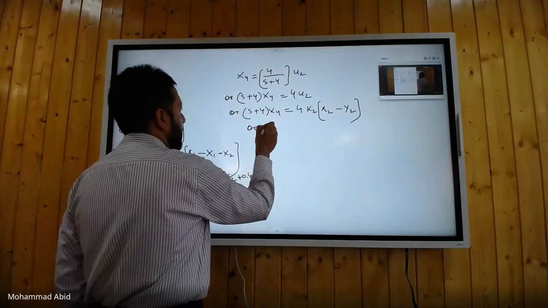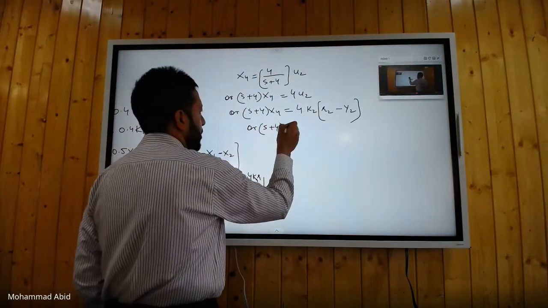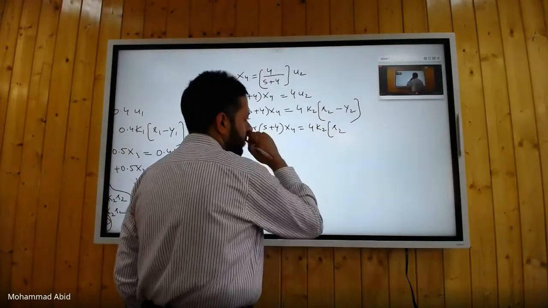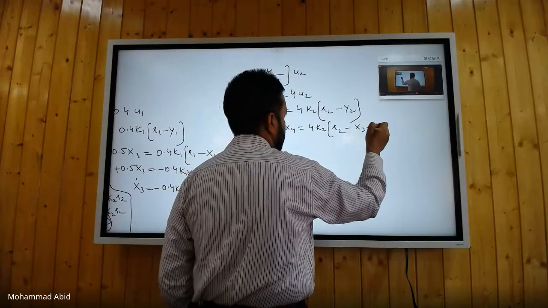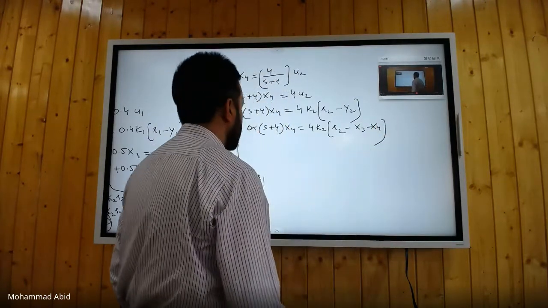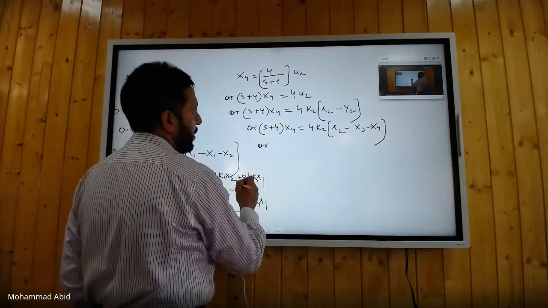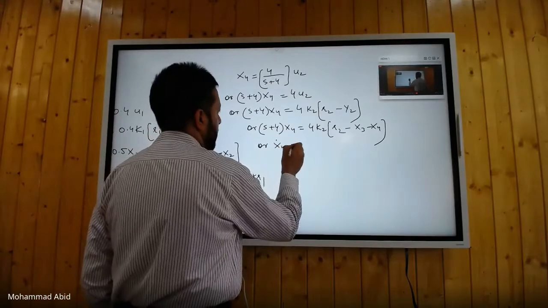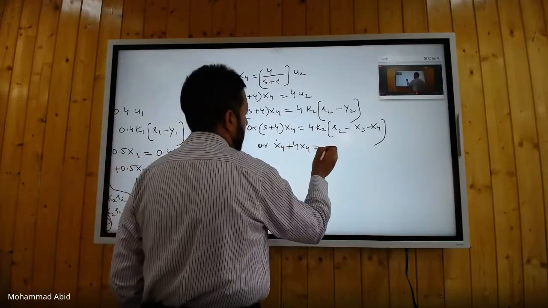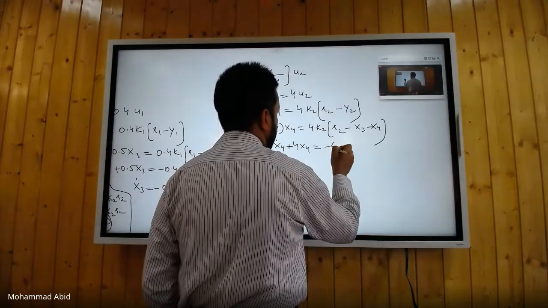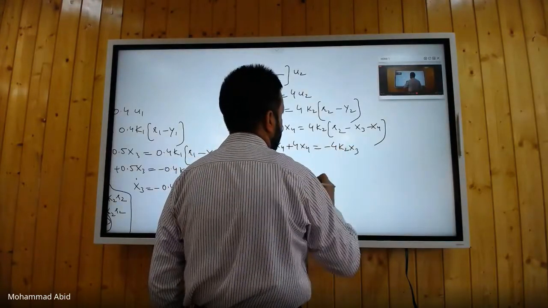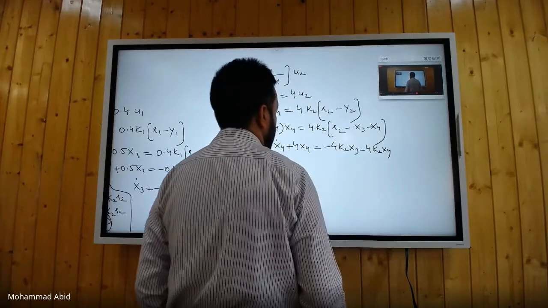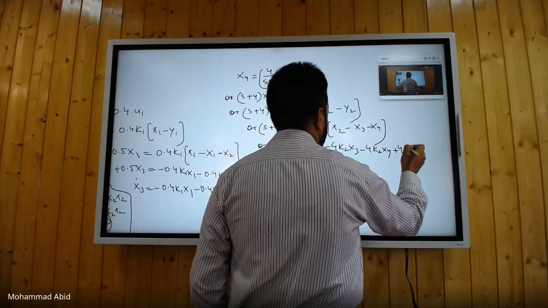और I have s plus 4 times x4 is equal to 4 k2 r2 minus x3 minus x4. Or I have x4 dot plus 4x4 is equal to minus 4k2 x3 minus 4k2 x4 plus 4k2 r2.